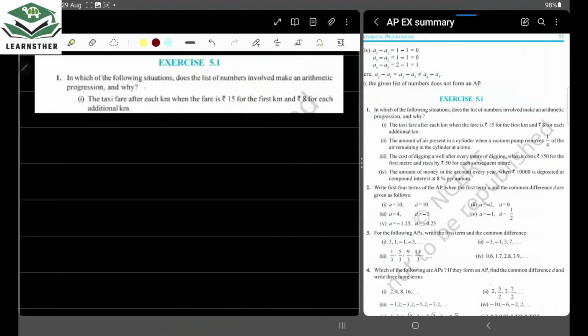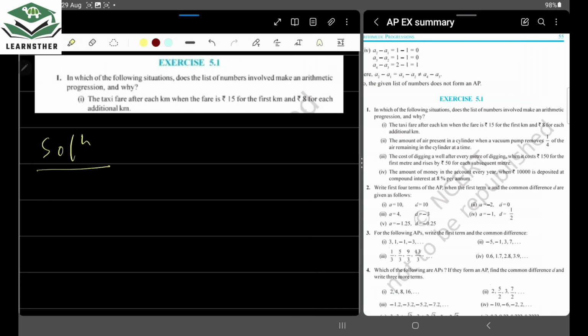You see this? In which of the following situations does the list of numbers involved make an arithmetic progression, and why? Question number 1. The taxi fare after each kilometer when the fare is 15 rupees for the first kilometer and 8 rupees for each additional kilometer. Okay. So let's solve this.